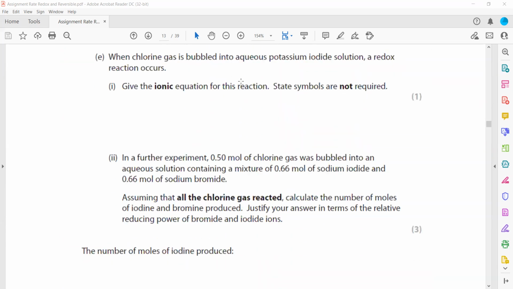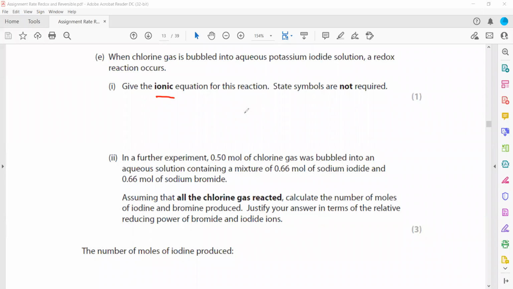The next question: when chlorine is bubbled into aqueous potassium iodide solution, a redox reaction occurs. Write the ionic equation. State symbols are not required. So we want to write an ionic equation, only the changes in ions that occur.